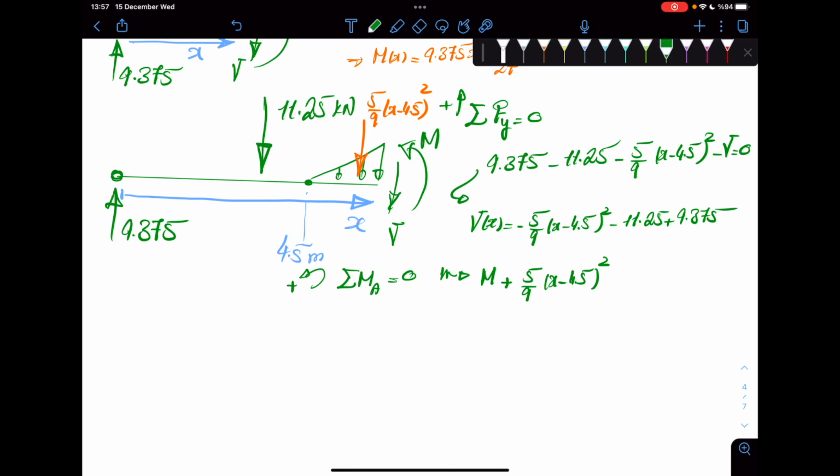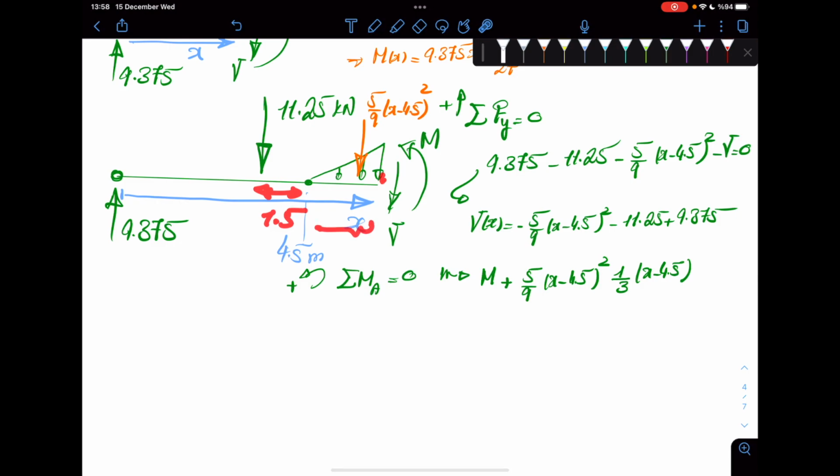Okay, so that would be 1/3 of the distance, right? So you would have 1/3 of (x minus 4.5). And then you would have the distance from this one. So this would be now 1.5 plus (x minus 4.5), okay?